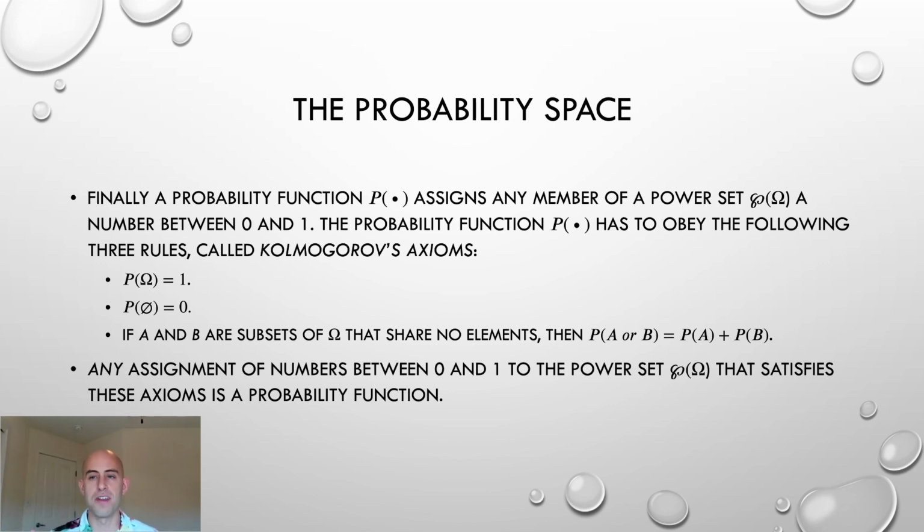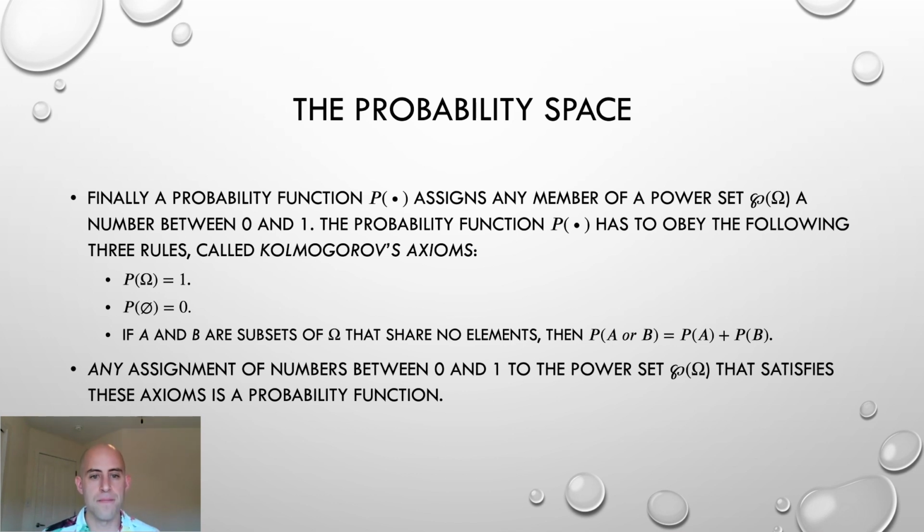And so the probability of any element of the set occurring has to be 1. The probability of the empty set has to be 0. This makes sense too, right? The empty set contains no elements. And so if omega is the set of all possibilities, the empty set doesn't contain any elements of omega because it doesn't contain any elements at all. And so its probability has to be 0.